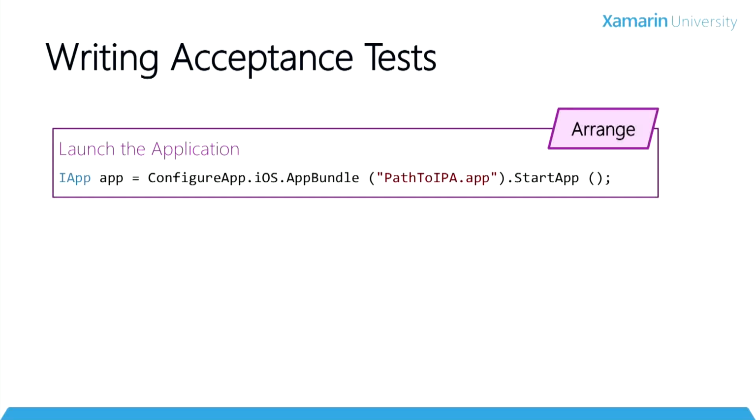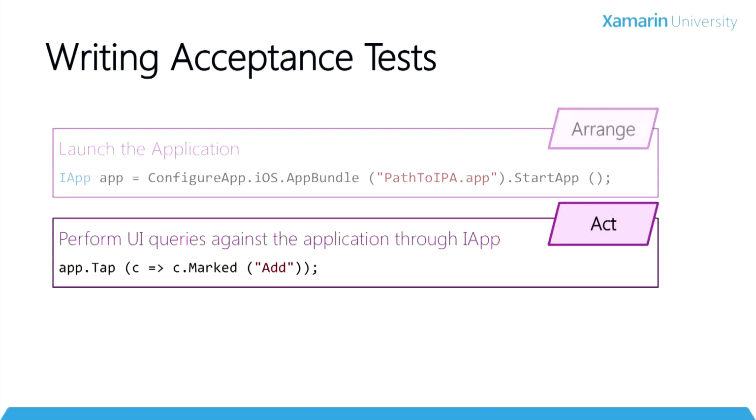Where this will differ in comparison to unit tests is in the arrange section. We won't be creating real and mock objects or setting up our data. Instead, our arrange section will simply install and connect to the application. We'll use the Xamarin.UITest.configureApp class and choose either iOS or Android as appropriate. Either way, we'll then pass in the path to our IPA or APK file.